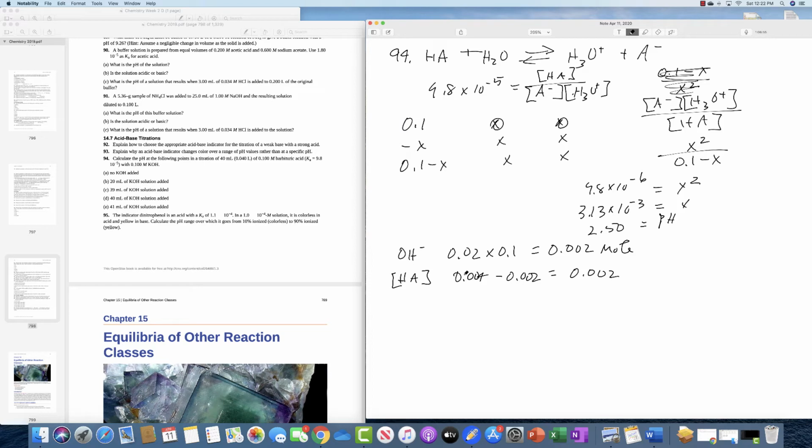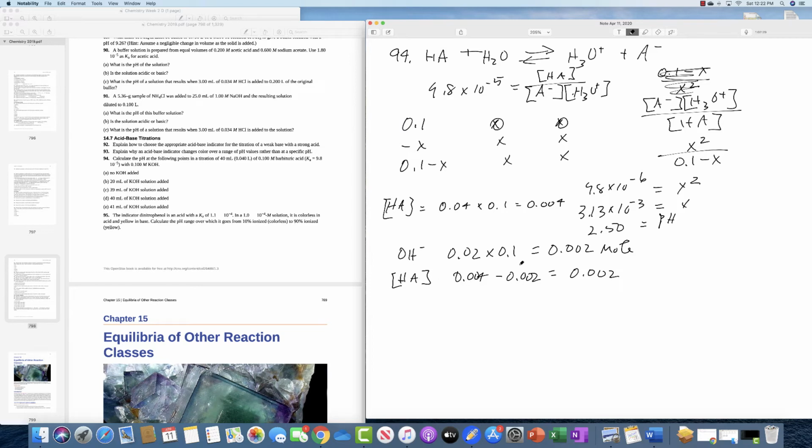I kind of stumbled over that a little bit, so let me go back, make sure you got it. The original HA is going to be, now you're adding 20 milliliters of this to 40 milliliters of this. So the original HA is 0.04 times, and this is originally 0.1 molar, so you end up with 0.004 moles of this originally.